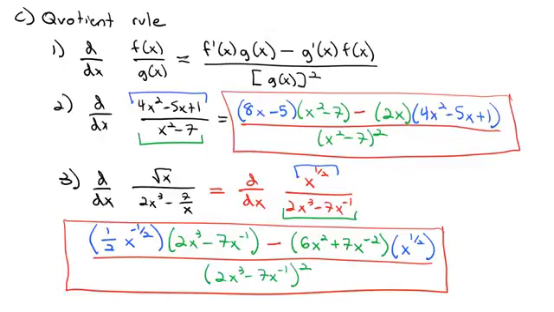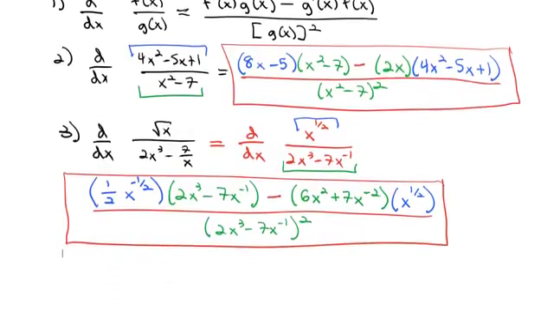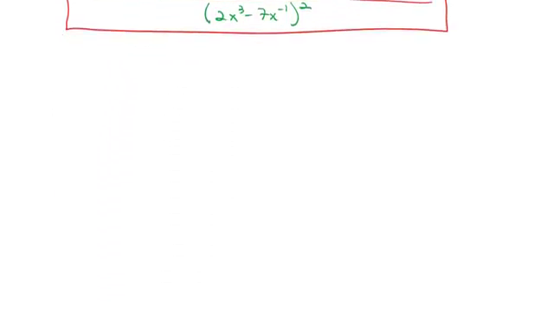Now that we have a couple derivative rules, we can actually take a look at some applications of the derivative and solve some more interesting problems. And one of the most common applications of the derivative is the relationship between the position of an object, the velocity of that object, and that object's acceleration.